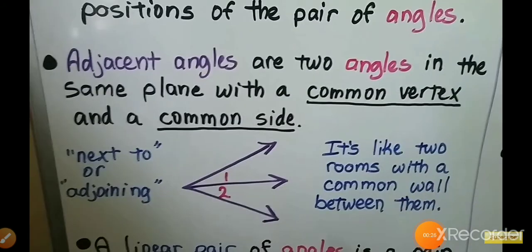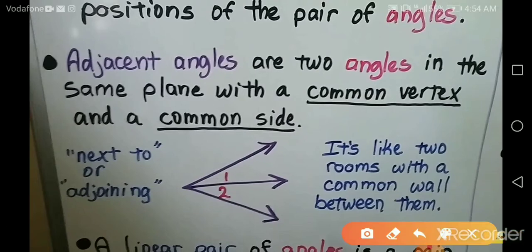Okay, dear students, moving to the first kind of relationships of angles, I have here adjacent angles. Adjacent angles are two angles in the same plane with a common vertex and a common side. Adjacent means next to or adjoining.